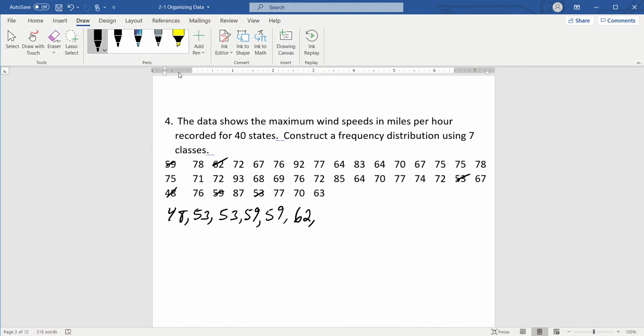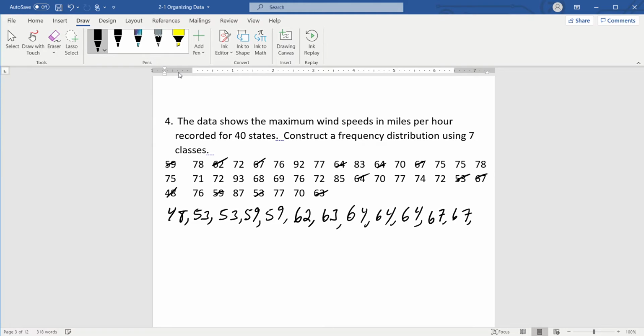So after 62, we have 63. Two 64s I see. Third 64. 67. Second 67.